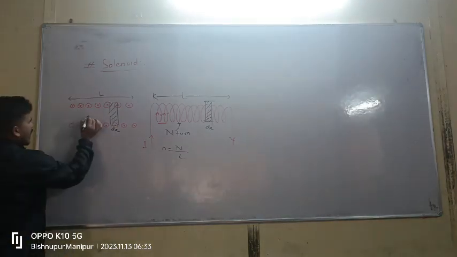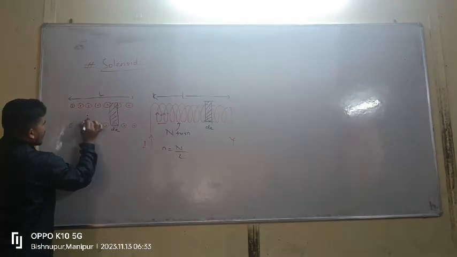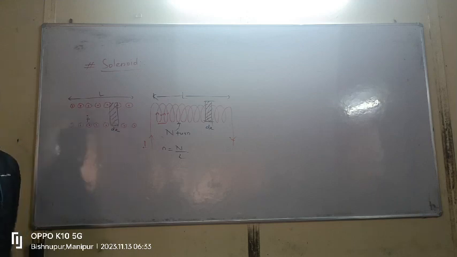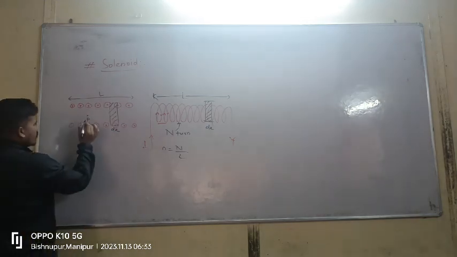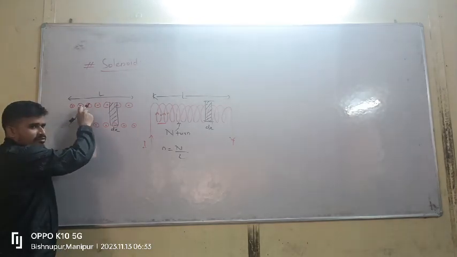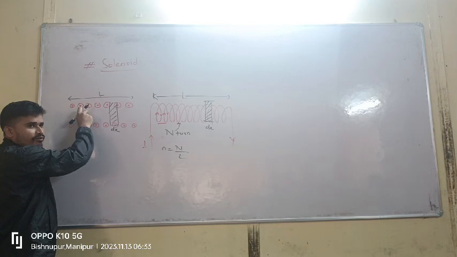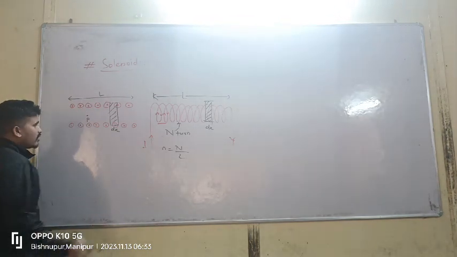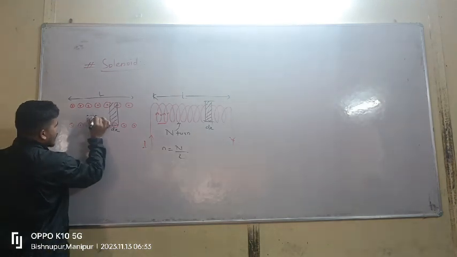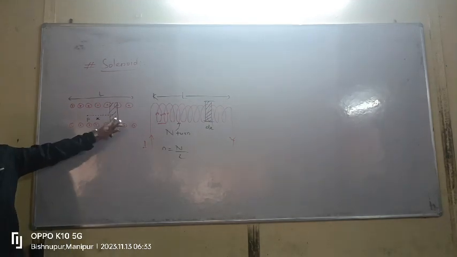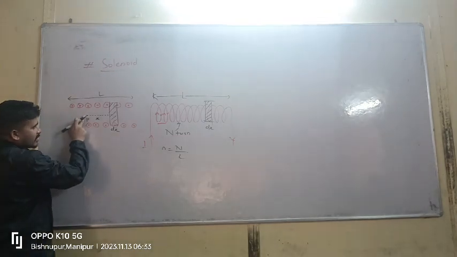I assumed a point P where I want to calculate the magnitude of the magnetic field due to this. If I want to calculate the magnetic field anywhere in between, not only on the axis, it may be above the axis or below the axis. It is at a distance x from this section. Clear? I want to calculate the magnetic field here.